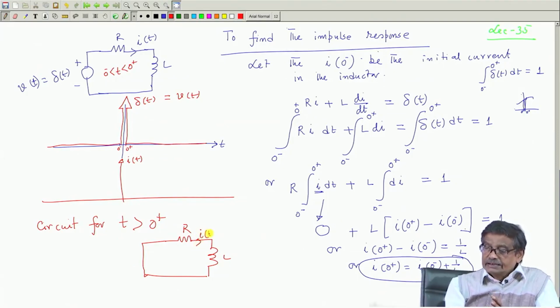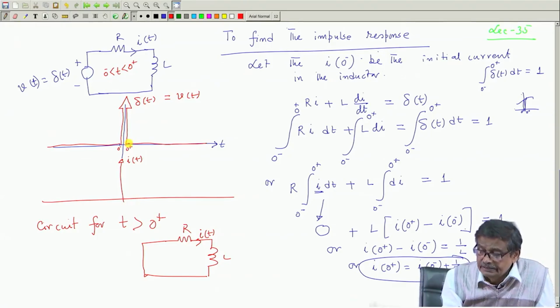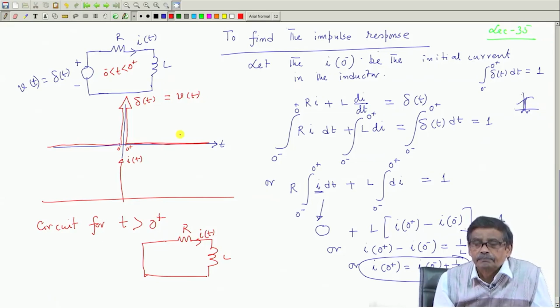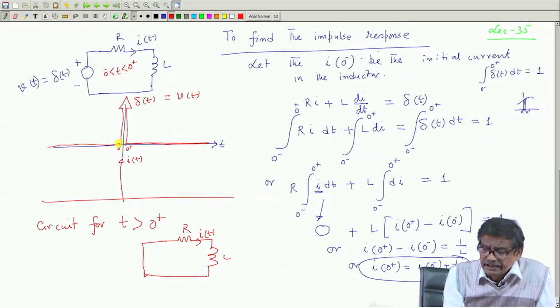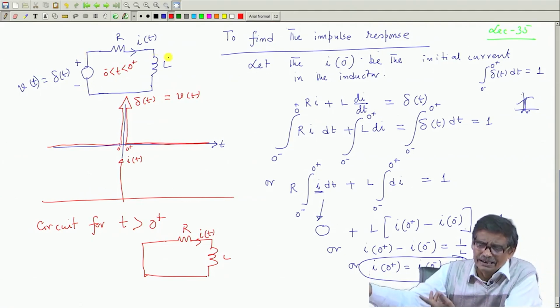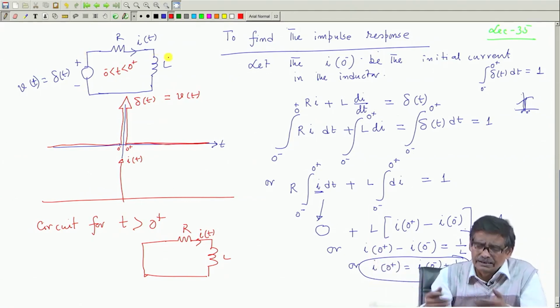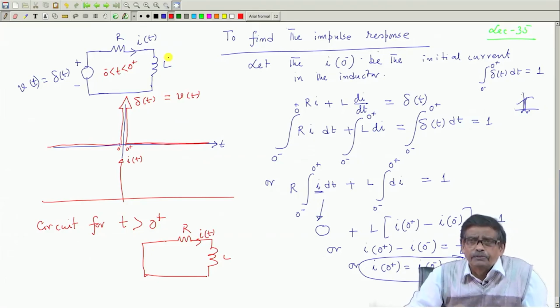This is now an RL circuit with no excitation, because the excitation ceases to exist for t greater than 0 plus. For t less than 0 minus, there was no voltage, but this inductor inherited current from some other circuit, that is fine.